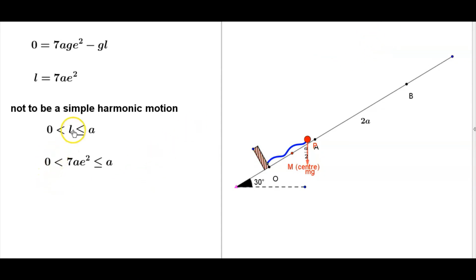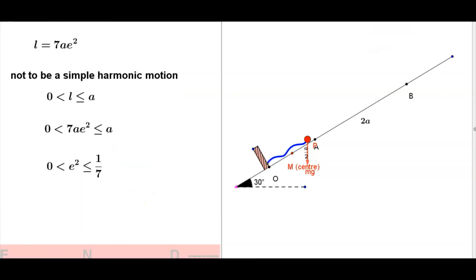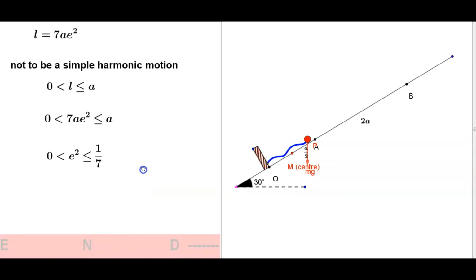Therefore, for L between 0 and A, we substitute 7A E squared for L. Simplifying these inequalities by dividing by 7A, we get 0 less than E squared less than 1 over 7.